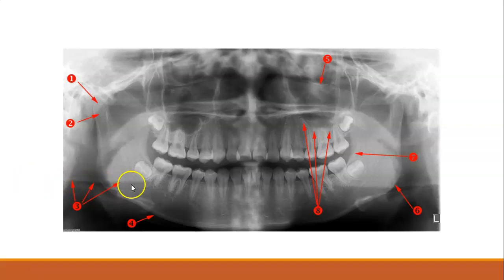So 3 is an artifact. Hopefully that doesn't confuse anybody. 4 is the inferior border of the right mandible. This over here is shown in a ghost image over here, and then here that's shown in a ghost image over here at 6.